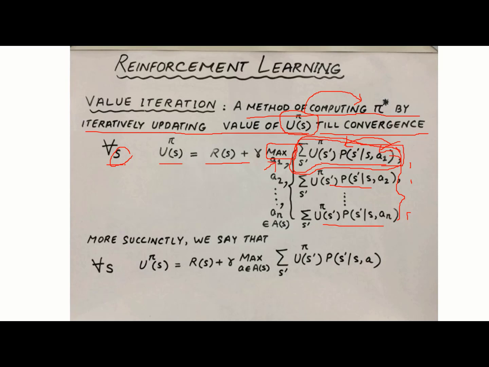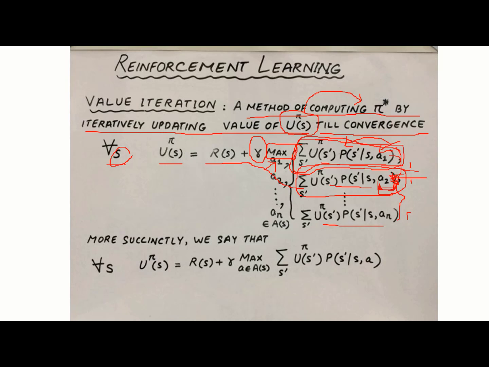So for instance, if A2, this term over here, gives the maximum value, then this value is going to be added to R of s after multiplying with the gamma, and A2 will be recorded and it will become the policy for the state.